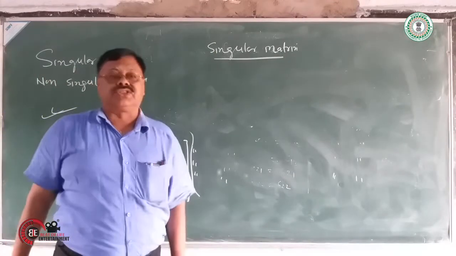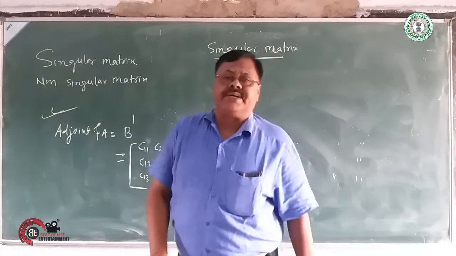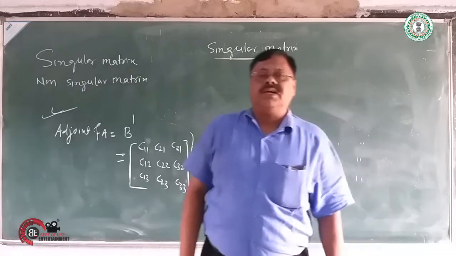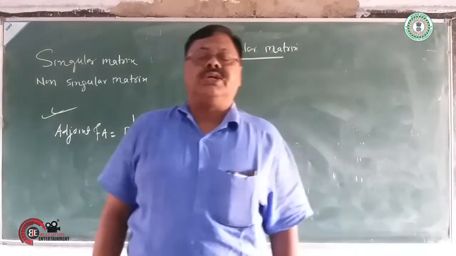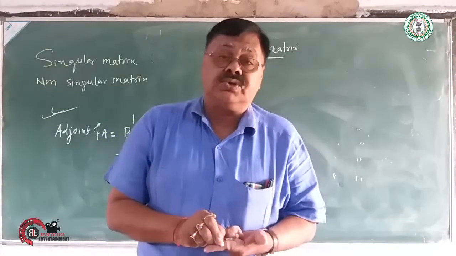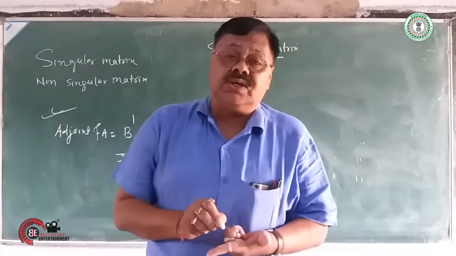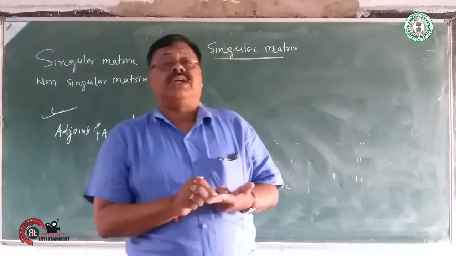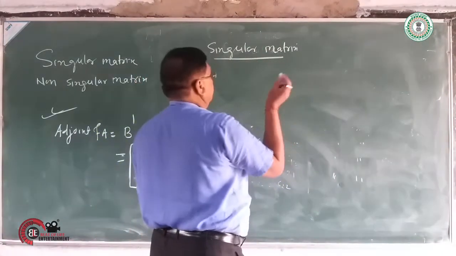I am going to give the concept. A square matrix whose determinant is equal to 0 is called a singular matrix.